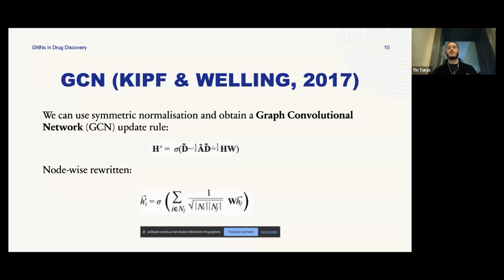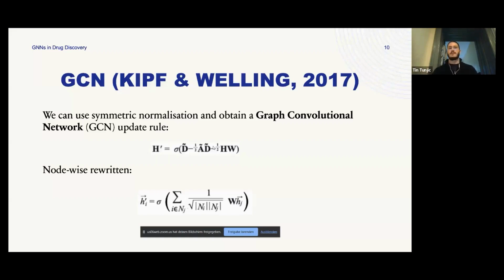So how graph convolutional networks generally deal with that is they have this degree matrix, which is basically just how many neighbors a specific node has, and we then take the inverse of that, and also a square root of that, so that we can have a symmetric image of the whole propagation of the information.